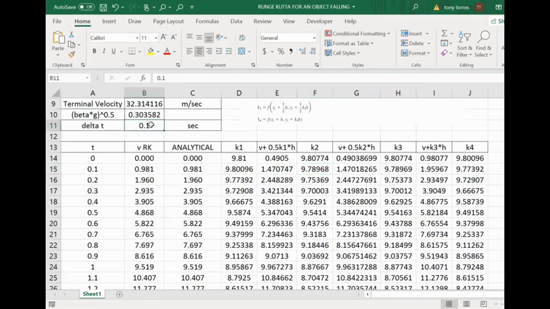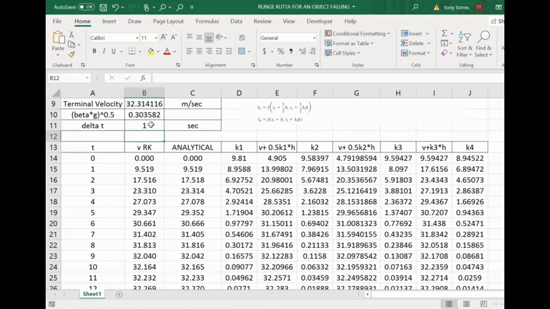Now, let's increase the delta t to something that will start to make a difference between both methods. Let's say a time of 1. Here is pretty much perfect, even at a 1 second delta t.